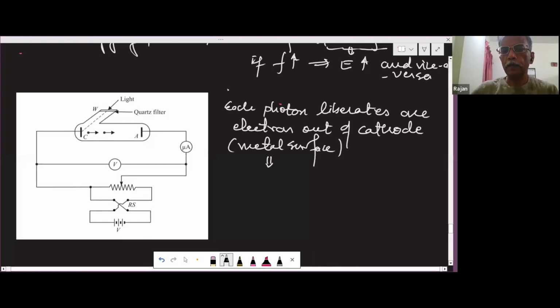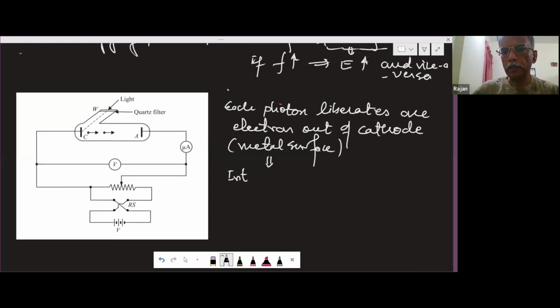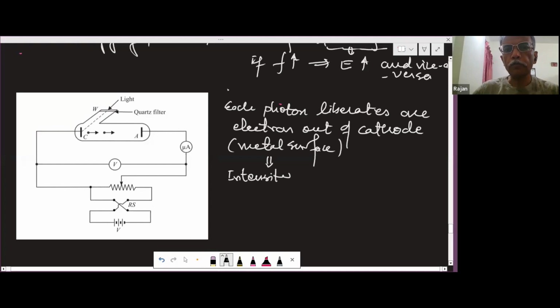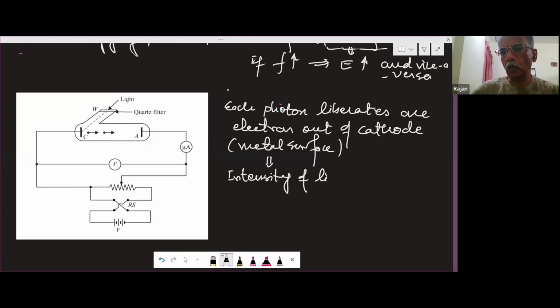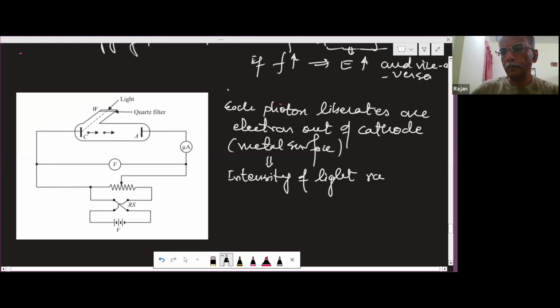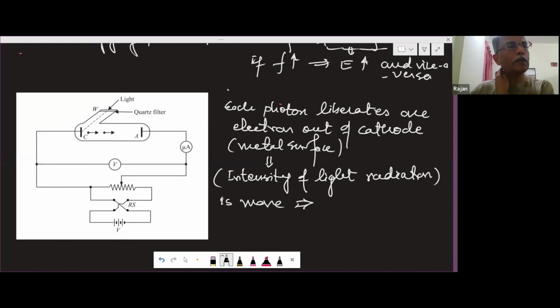Now try to understand. If the intensity of the light radiation is more, what will happen? Intensity of the light radiation is more means it has more number of photons. What do you mean by intensity of light is more? It means more number of photons, right?